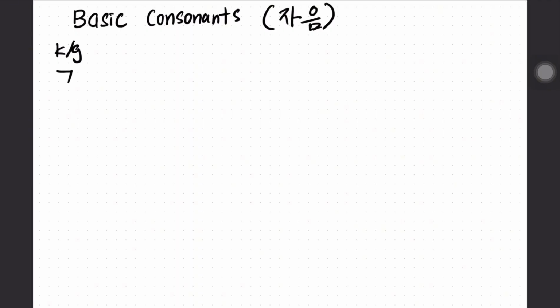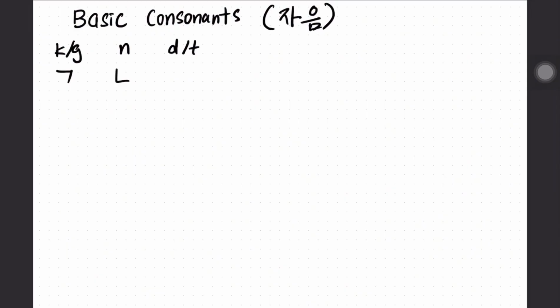And the next one is our N. N is this one. Please pay attention to how it is written here. The next one is between D and T. Please follow how it is written, because this sequence is very important.